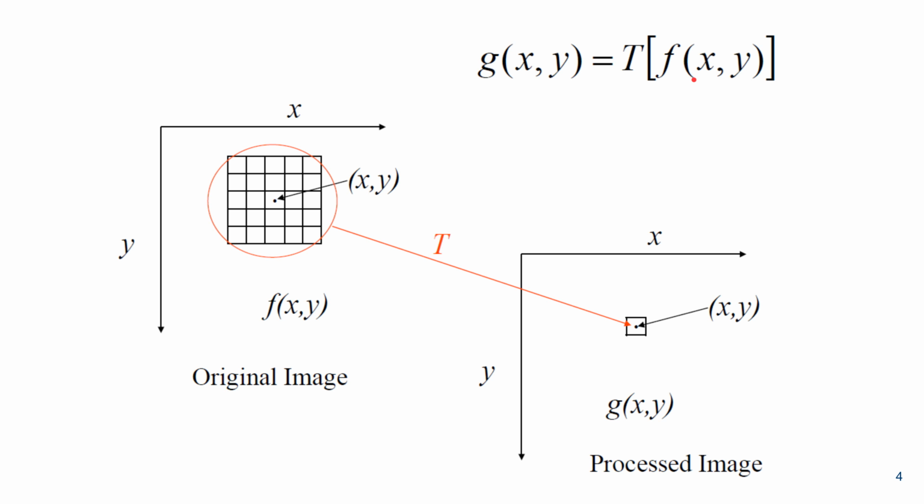We're going to do this generally pixel by pixel, and we're going to end up with a new image where the pixel values give us a better quality image, and generally this means an improvement in the contrast in the image.